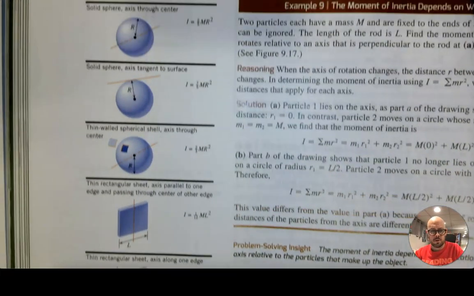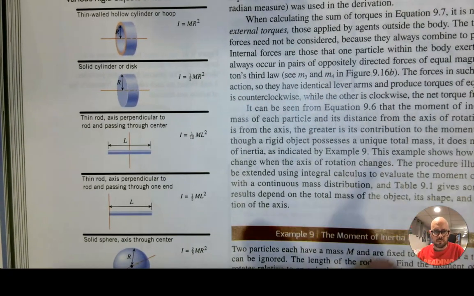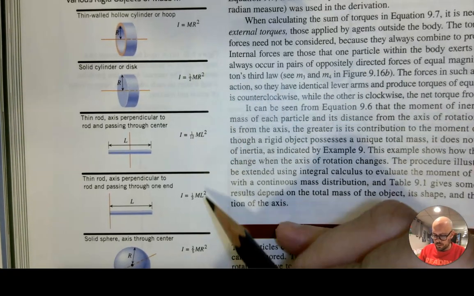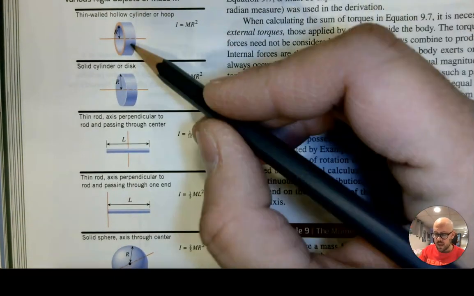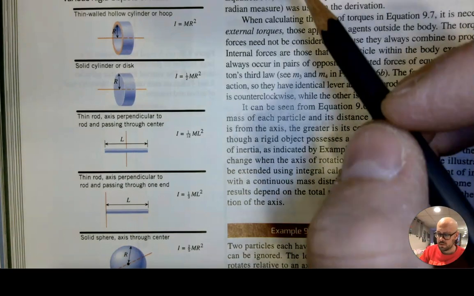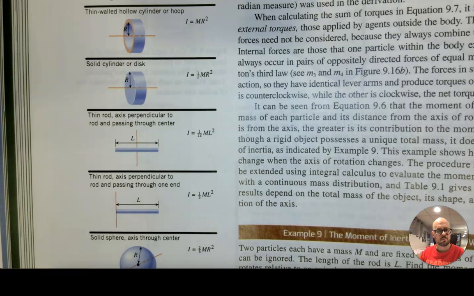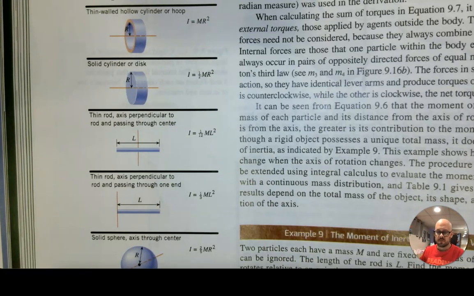And all of these expressions depend on the mass, M, and then one of the main dimensions of the object, so the radius of the object or the length of the object. Now this capital R is actually the radius of the object. In physics, when you see a lowercase r, that typically means the distance between two points and depends on the context.